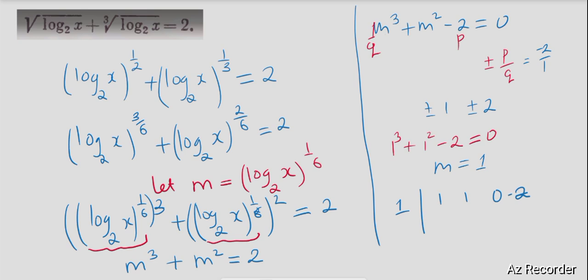Now, for synthetic division, what we do, we drop this first coefficient down here, and then multiply by this 1 here, the answer you are going to get is 1. So you write 1 here, and then when you add, you're going to get 2.